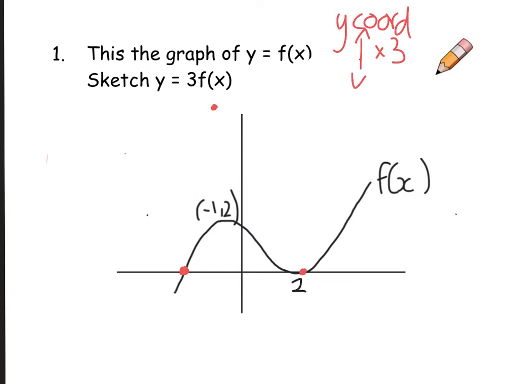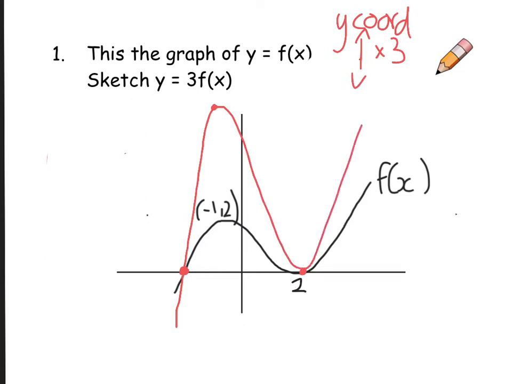Because remember, picture your sine graph, it still has all the same roots, it's just the turning points that kind of stretch. And this one here at 2 is not stretching anywhere at all because it's already kind of on the axis. So let's try and draw this, and I apologise in advance because my drawings are generally shocking. So it's going to look a bit like that. Oh, and that's not even reached. Right, let's try again. And I swear this is even harder for me to do in class.